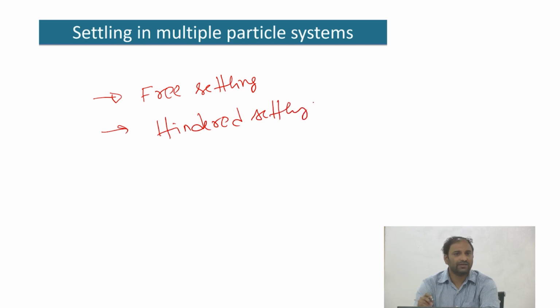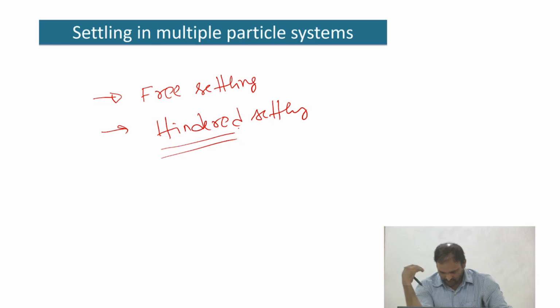We said that hindered settling occurs when the particles are close enough, or when there's a coupling of the way the particle settles with the wall of the container or with other particles in the system. Then the motion of the particle is influenced by the other particles in the system plus the wall of the container.